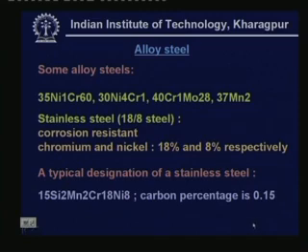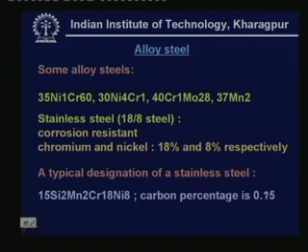Now, some examples of alloy steel are given here. You can see one of them is 35 Ni 1 Cr 60. So, you can understand that is a typical designation. What is this? 35 is the strength, then the nickel composition, chromium composition.